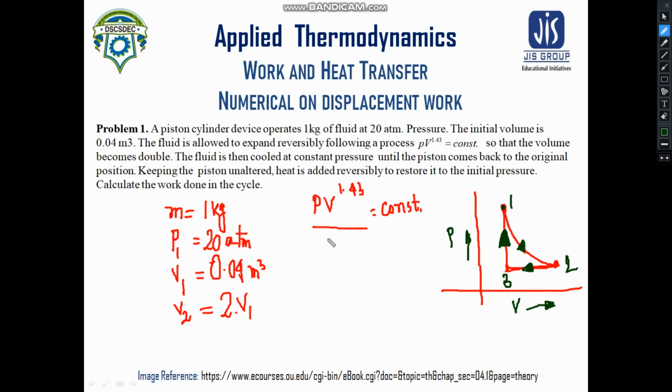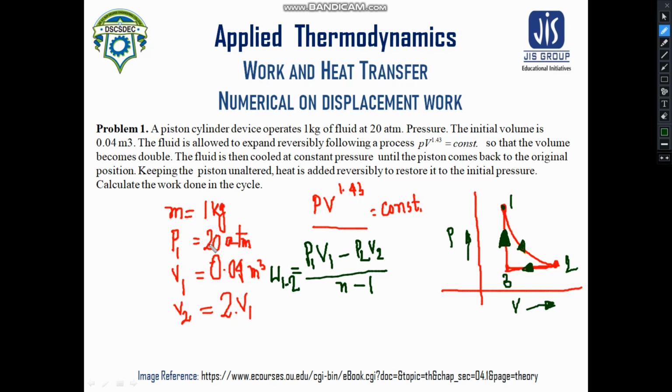I have just discussed it: the work done in a polytropic process follows this formula, (P1V1 minus P2V2) by (n minus 1). So this is the work done for process 1 to 2.